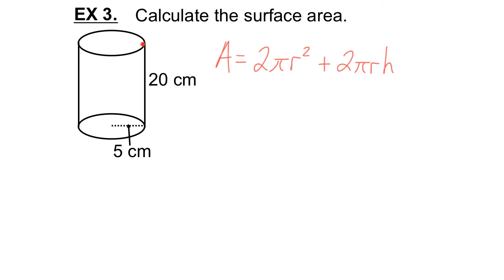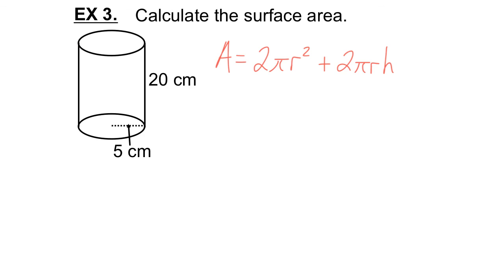If we were to cut the top and the bottom off of this cylinder and take our scissors and cut down the side and then unroll this, it would look like a rectangle. The height of the rectangle would be 20 centimeters, but the length of it would be whatever the circumference of the circle was before we unrolled it.